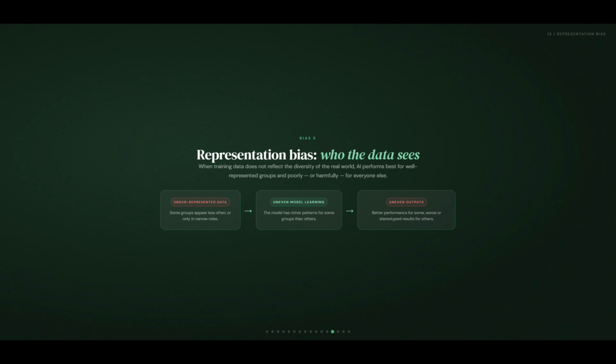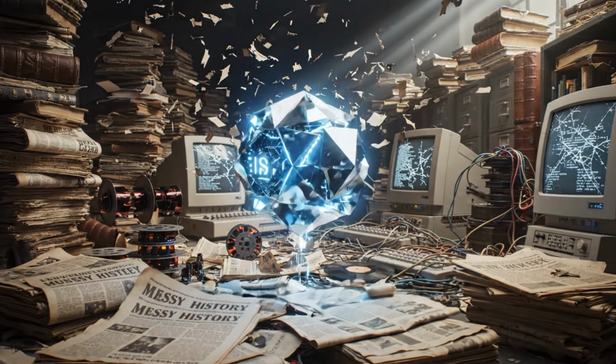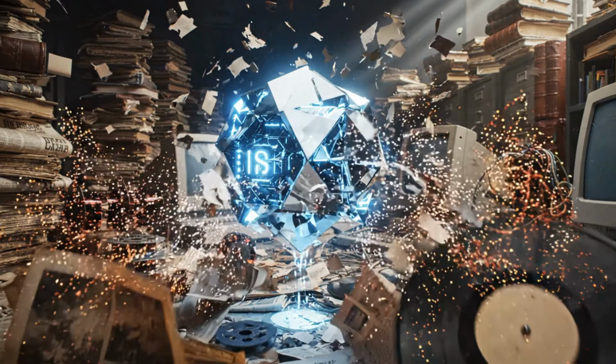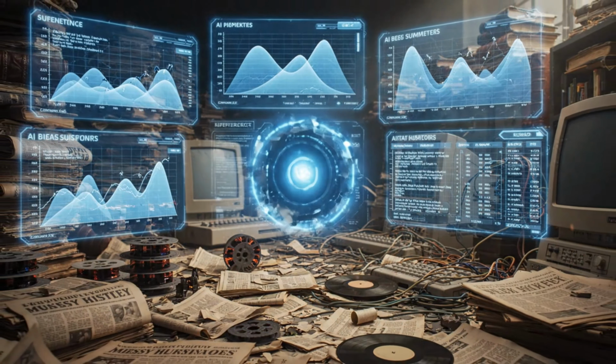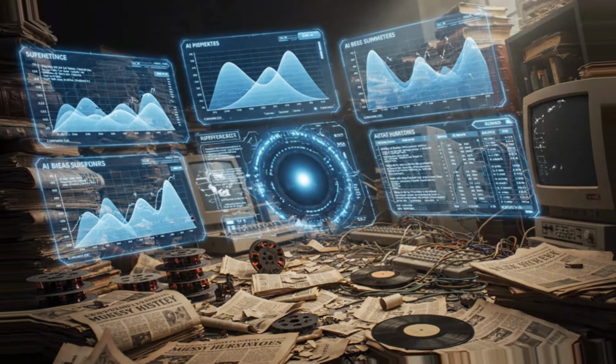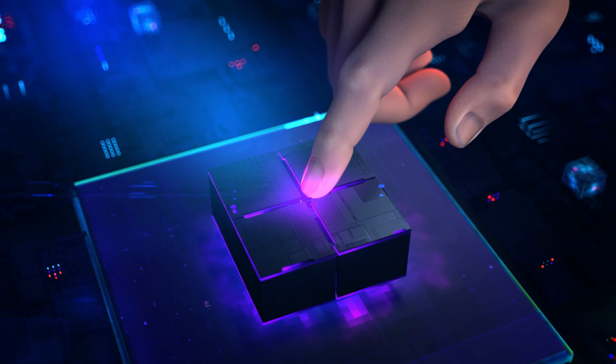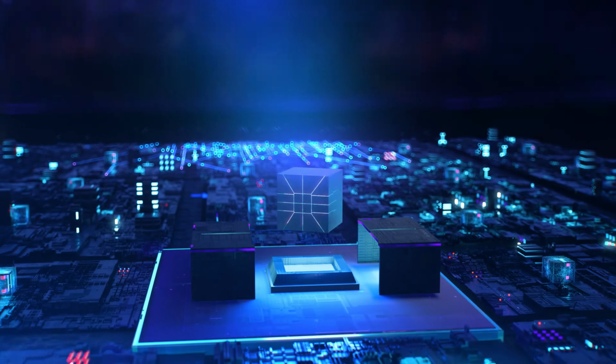When an AI system is trained on data that doesn't reflect the diversity of the real world, it performs well for the groups that were well represented in the training data and poorly or harmfully for everyone else. For example, research published in 2024 and 2025 examining image generation models, including Stable Diffusion, found consistent patterns.